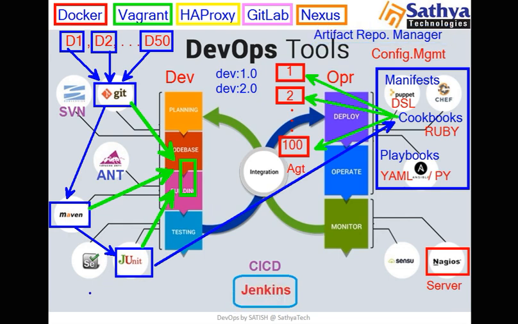Then we have some cloud concepts like AWS, Amazon Web Services, or else you can go for Google Cloud Services, and we can go for Microsoft Azure. We can get cloud services with these platforms.